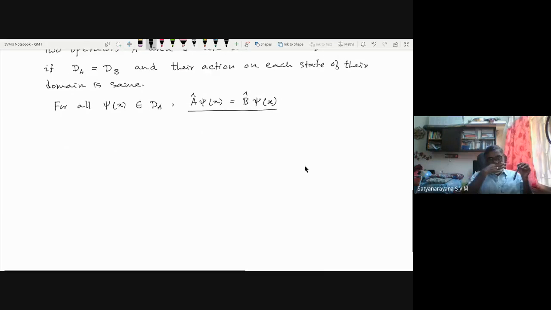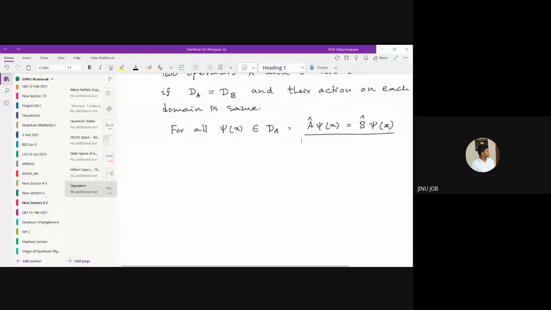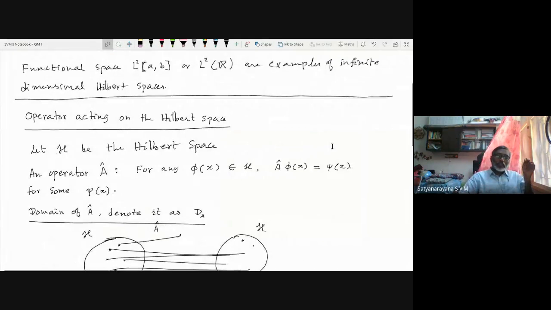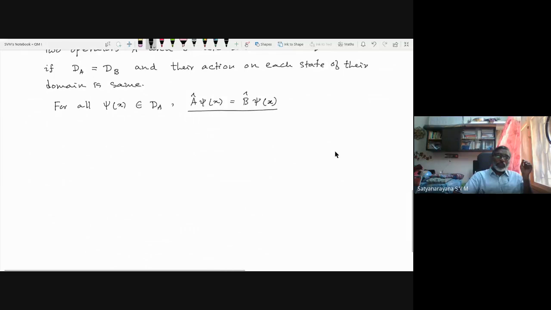Sir, what does it mean by the same action by the two operators? So you go back to our first thing: what does an operator do? For any phi, it will generate another vector, right? So another function. Suppose A acting on psi of x is equal to some phi of x.